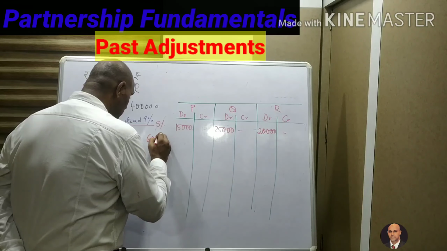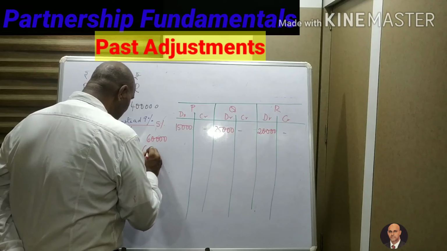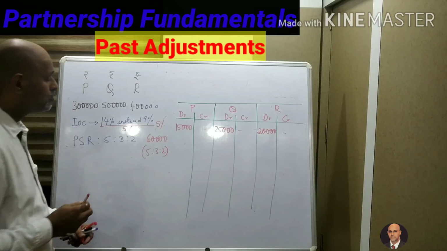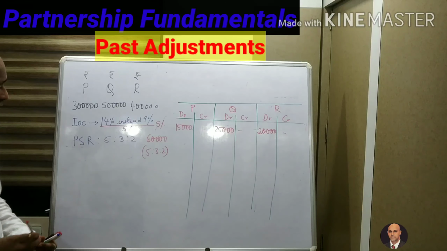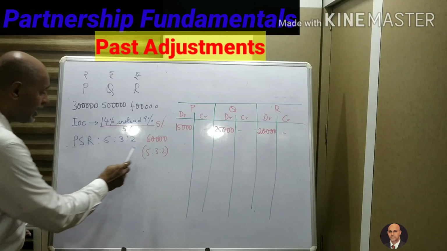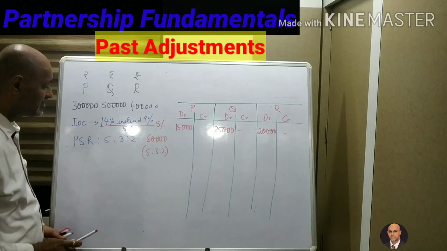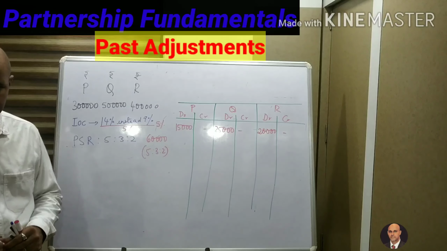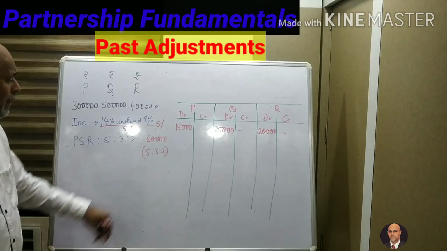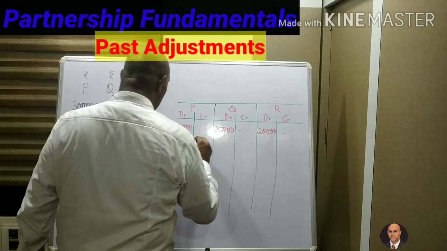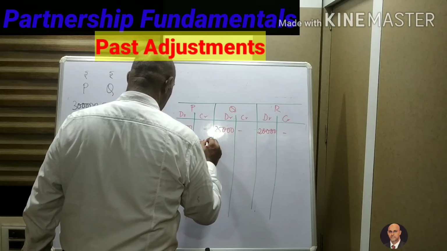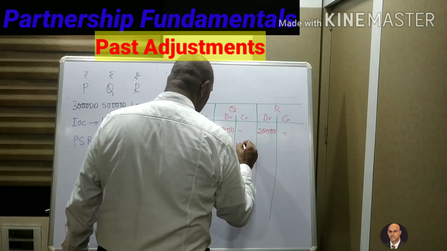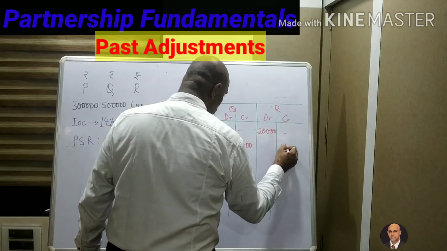This 60,000 will be divided in the ratio 5:3:2, so this will be given to the partners 5:3:2. So it is 5/10 multiplied by 60,000, 3/10 multiplied by 60,000, and 2/10 multiplied by 60,000. 5/10 multiplied by 60,000 is 30,000. 3/10 is 18,000, and 2/10 is 12,000.